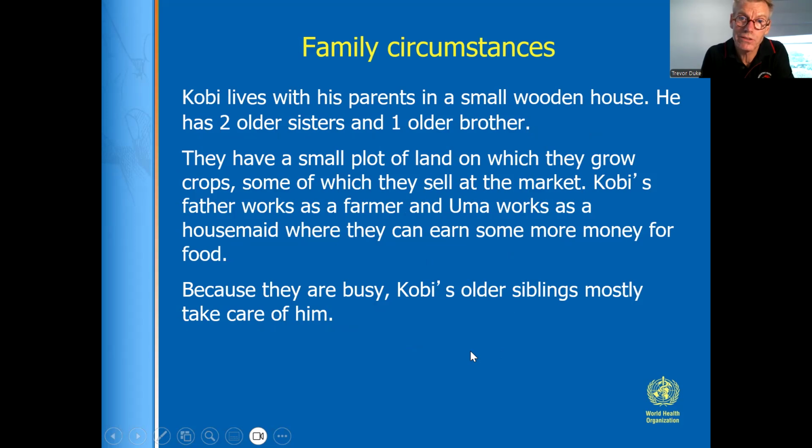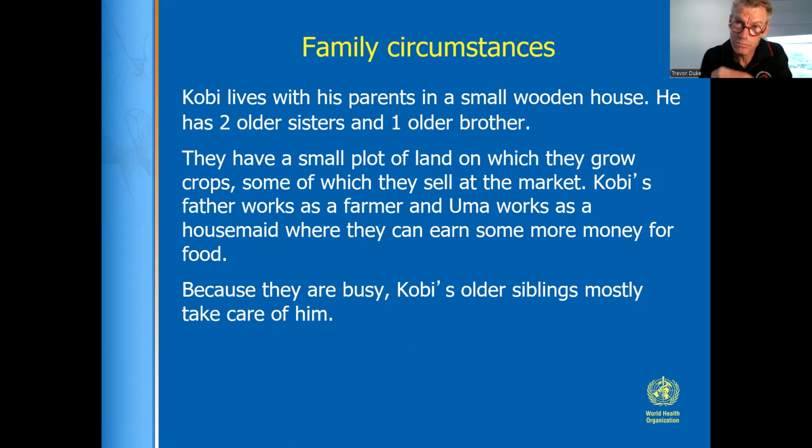His family circumstances: his parents lived in a small wooden house, and he had 2 older sisters and 1 older brother, so three siblings. They had a small plot of land on which they grow crops, some of which they were able to sell at the market and get some money. And Kobe's father farmed the land, and Uma, his mother, worked as a housemaid where she could earn some more money for food.